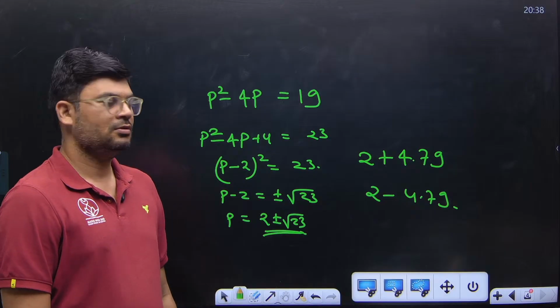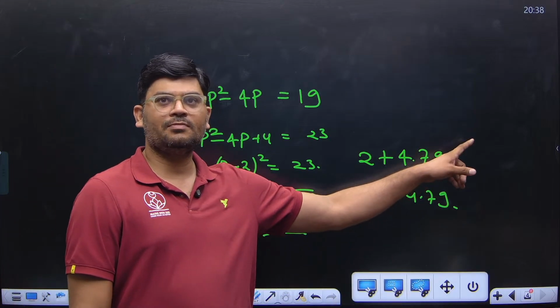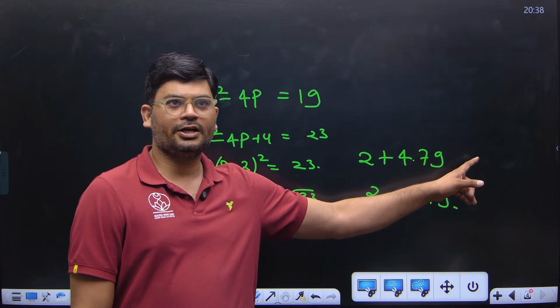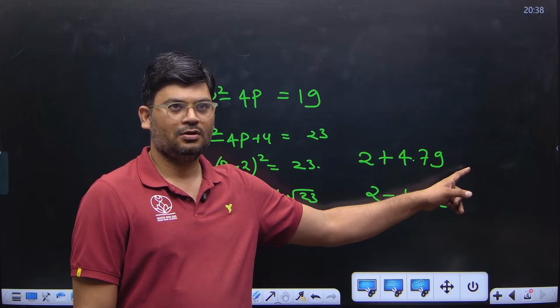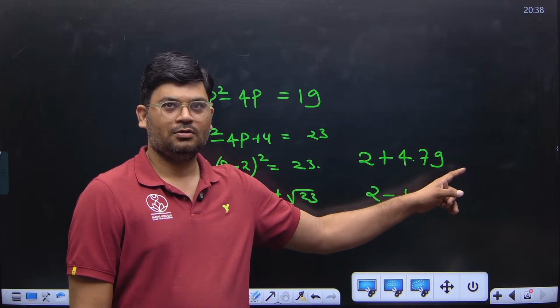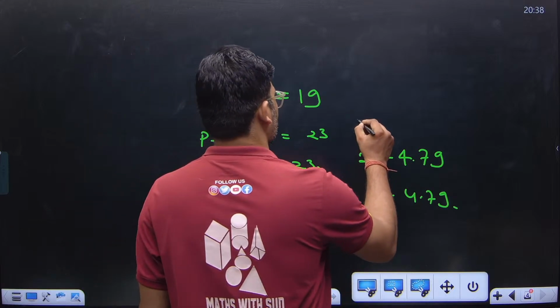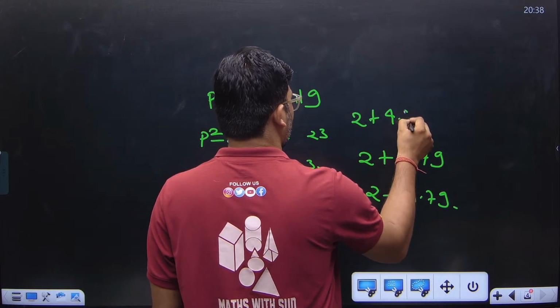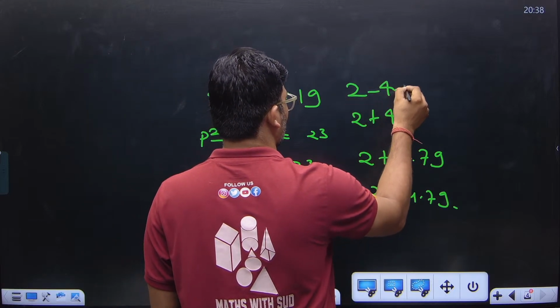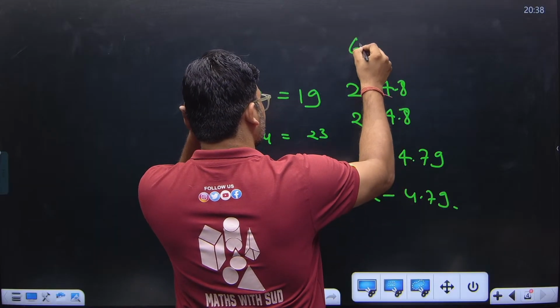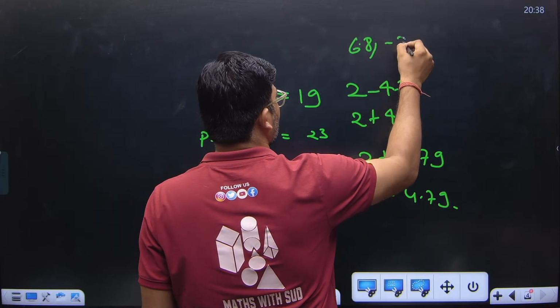So it's 2. I hope the next number is not greater than 5. It's 5, right? And then so 4.8. Yes. So 2 plus 4.8 and 2 minus 4.8. So the answer is 6.8 comma minus 2.8.